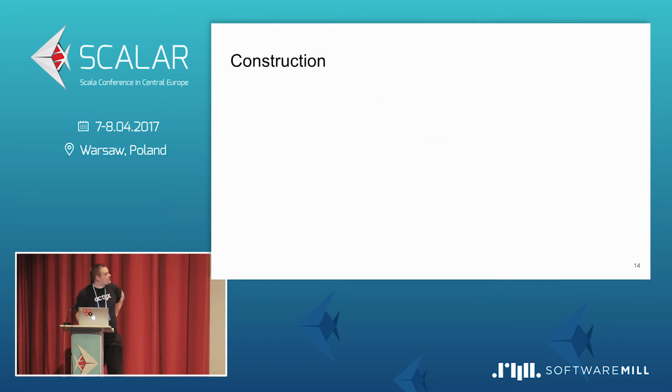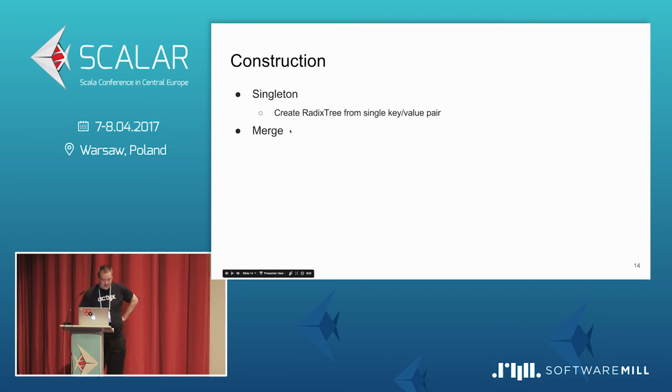So how does construction of such a tree work? There's a method to create a singleton node, which means you take a string and the value, or the key and the value, and no children, done. Next, you have a merge operation. That merge operation can take two arbitrary trees and merge them in an efficient way.